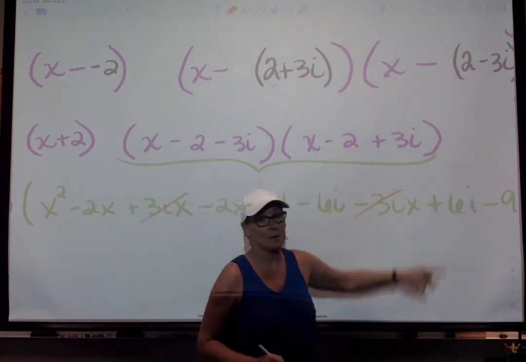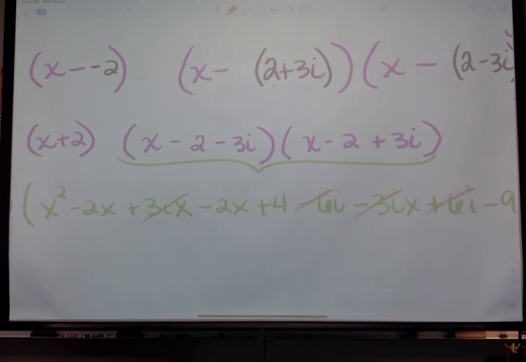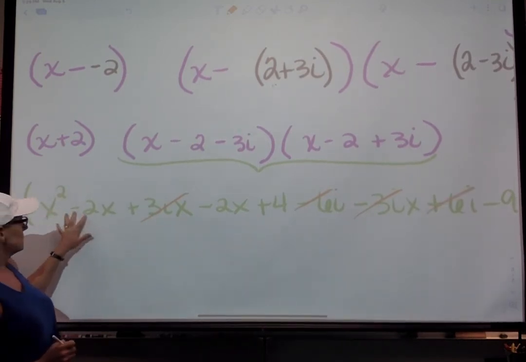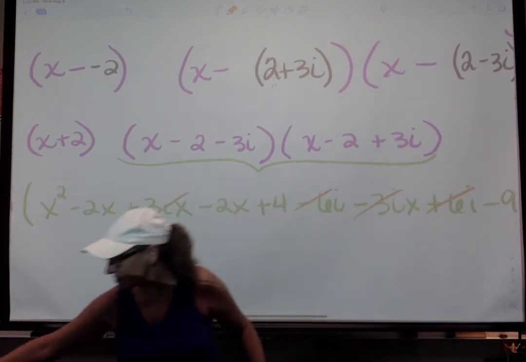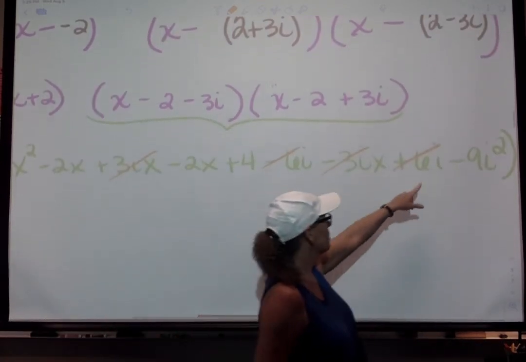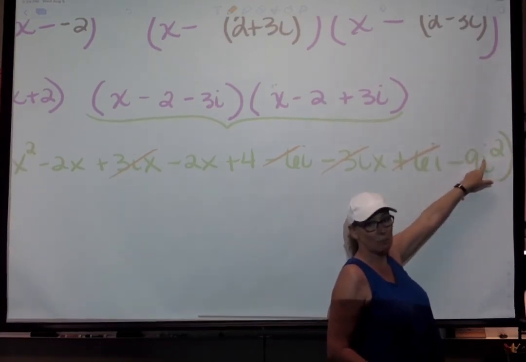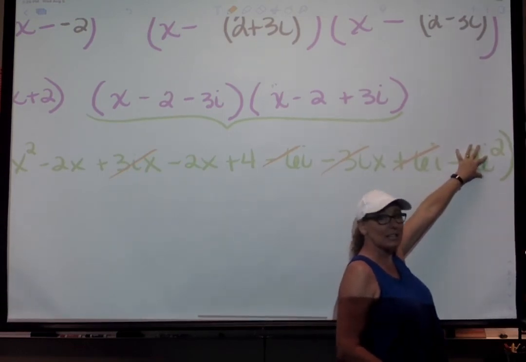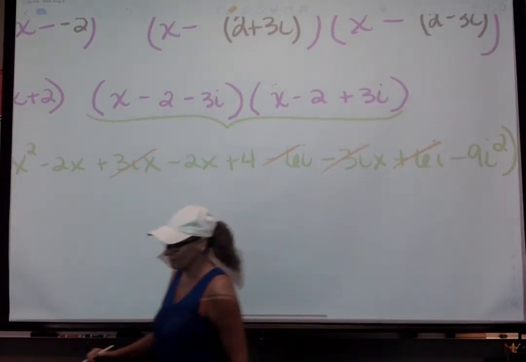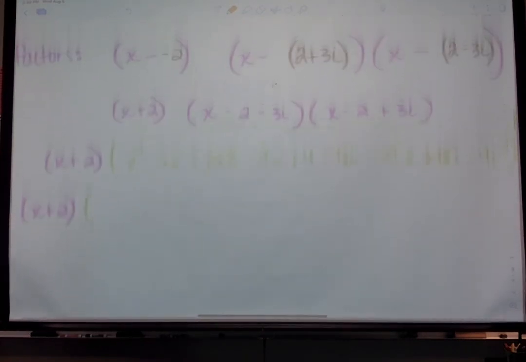Your -6i and +6i cancel. Oh, and this -9i squared at the end, well, i squared is going to be -1, and -1 times this term is going to be +9. So here's what I've got left.